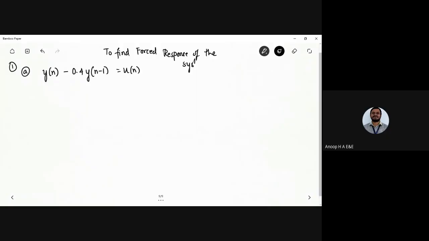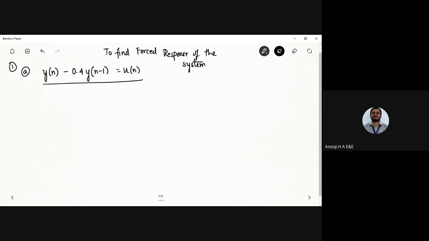The first problem I'm writing here: y of n minus 0.4 into y of n minus 1 would be equal to u of n.